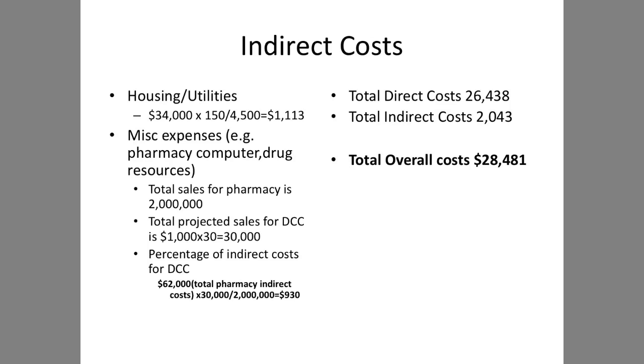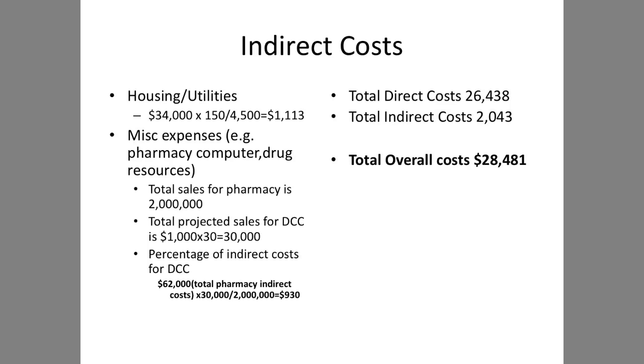and so our total cost for that is going to be around $113. If we look at the miscellaneous expenses, the total sales for the pharmacy is around $2 million.